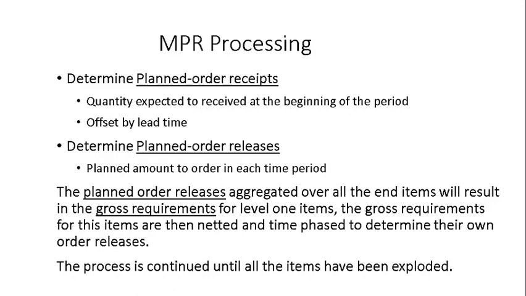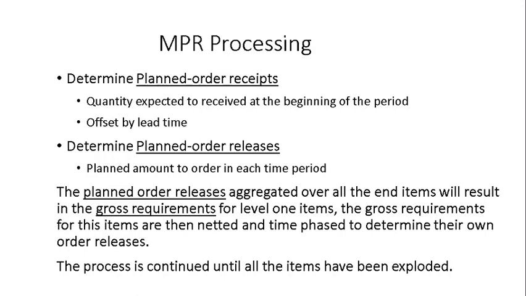So this procedure is continuously progressing to cover all items, and then to determine their own order releases. So if we aggregate all the planned order releases over all the end items, we will get the gross requirements at the end. Okay, so whenever we cover all the items, then the process is complete.